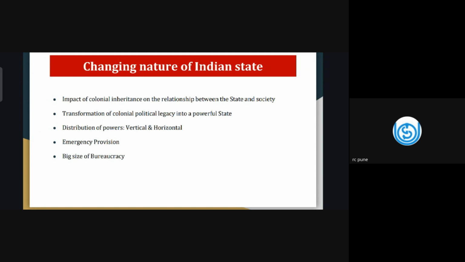We are trying to reduce the number of employees in the bureaucracy so that government's interference and intervention will be reduced, and the people can freely take a decision in their life, whether it is about beginning with the business, whether it is about choosing any kind of job, or whatever it can be.